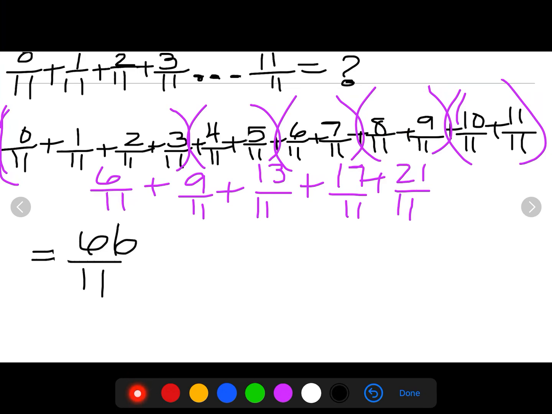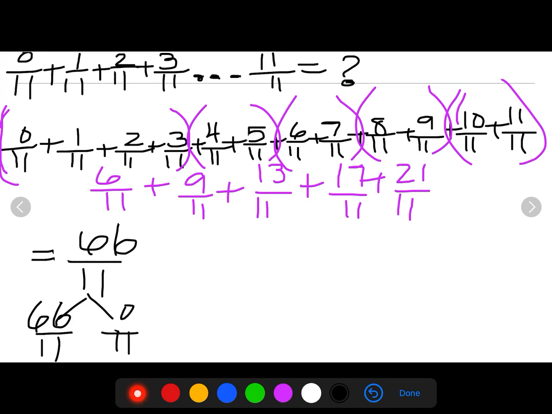Did you get 66/11? Me too. Awesome job. Now, I know I'm not done, and you're probably already working on this now. We have to decompose 66/11 into a mixed number. What's going to go on my left-hand side? That's right. 66/11 is going to go on my left-hand side because I can multiply 11 by 6 and I would get 66.